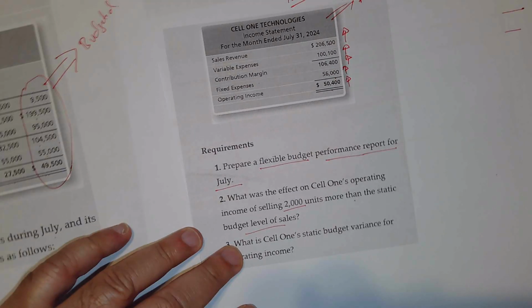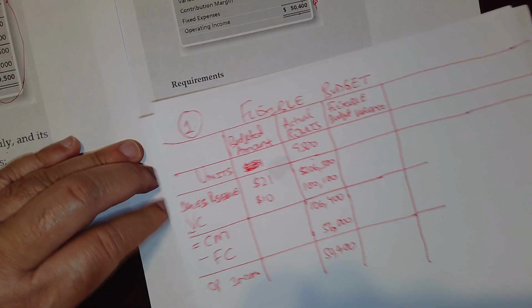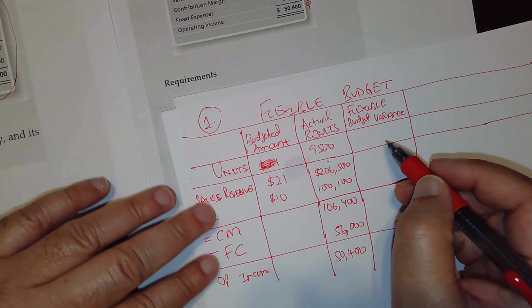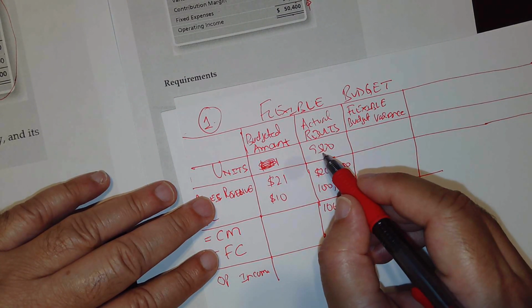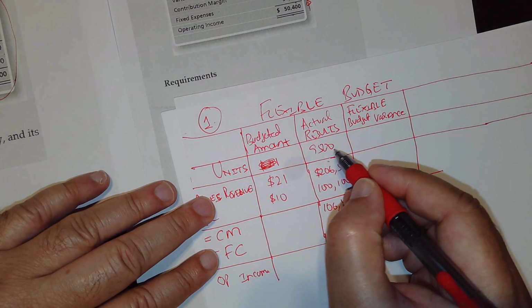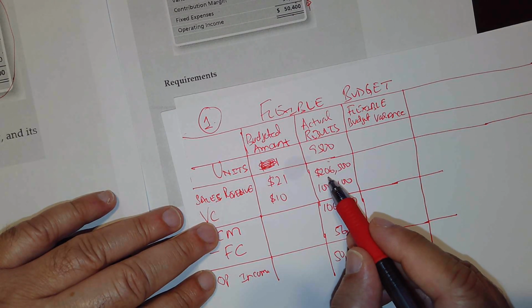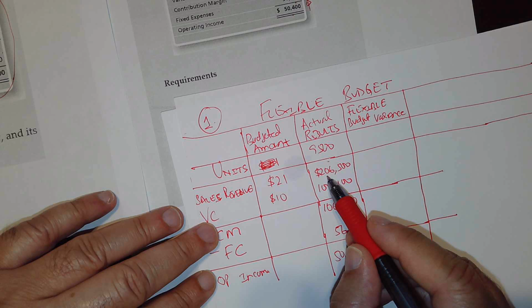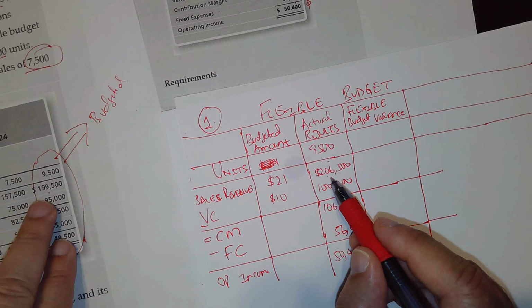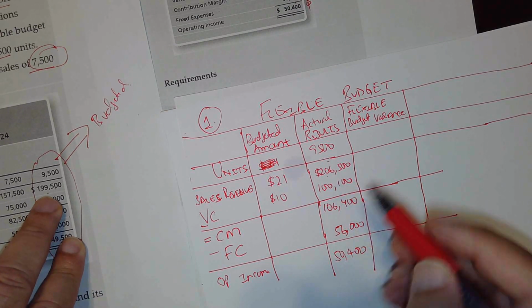All right, so let's calculate. The actual and budgeted amount were both 9,500, so there is no difference in number of units, but the difference between 206,500 and 199,500 is $7,000.